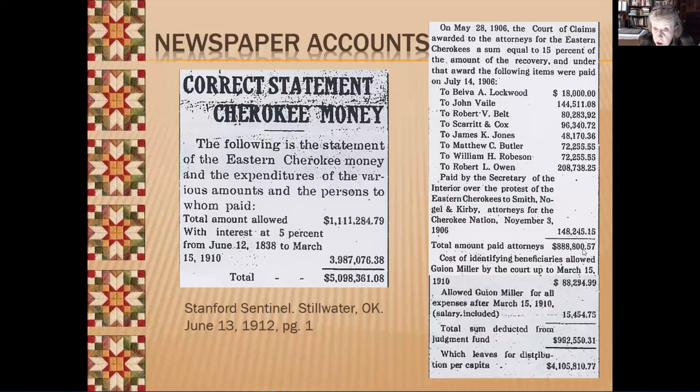That's just the attorneys. Now they're going to pay Guion Miller. The cost of identifying the beneficiaries by Guion Miller, he was given $88,000. And then for his expenses, he was given $15,000.